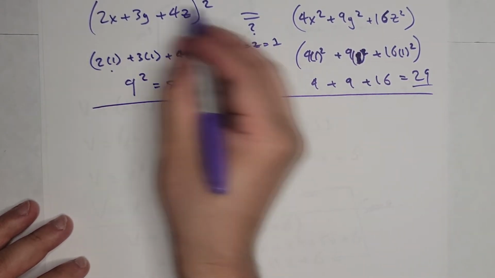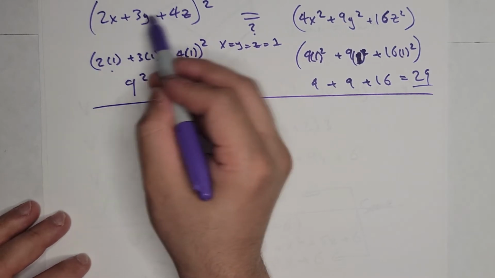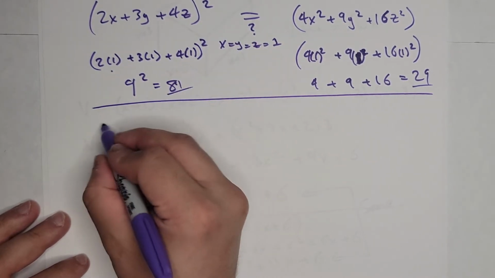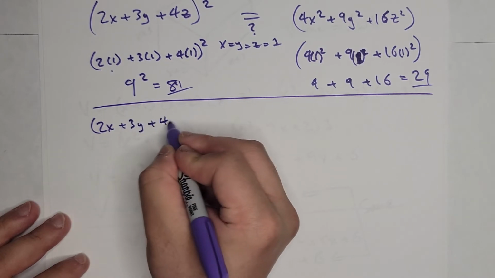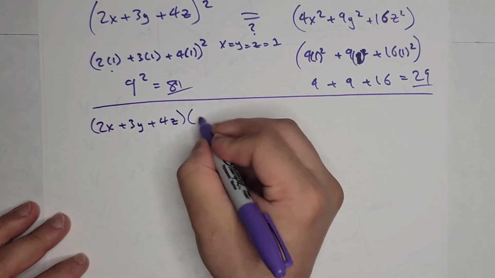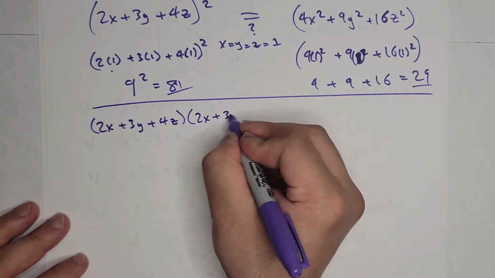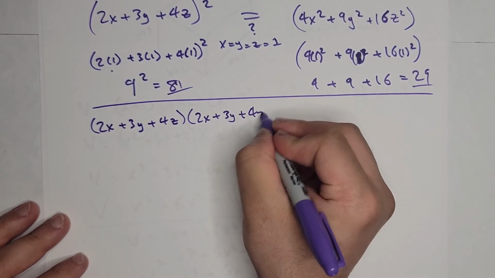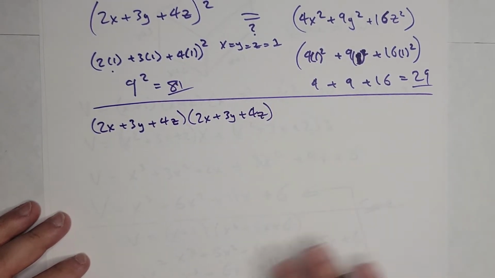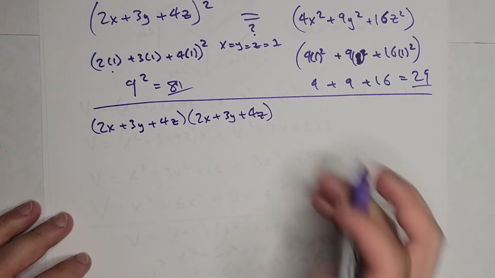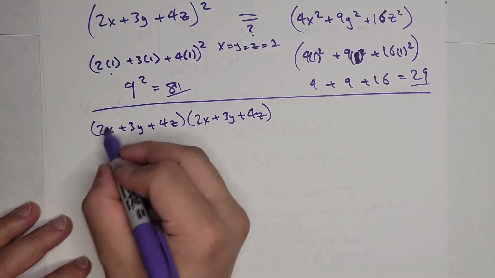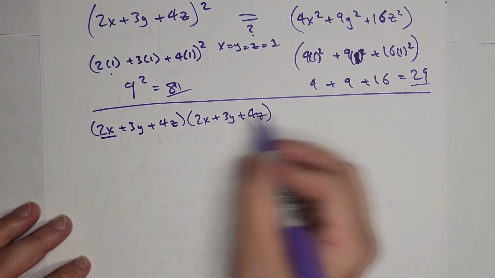So that trinomial being multiplied by itself is the equivalent of saying it one step at a time. Let's do the 2x first. I'm going to multiply this guy by those 3.